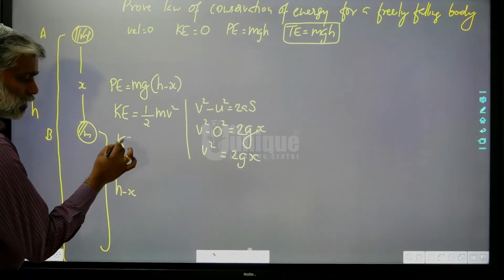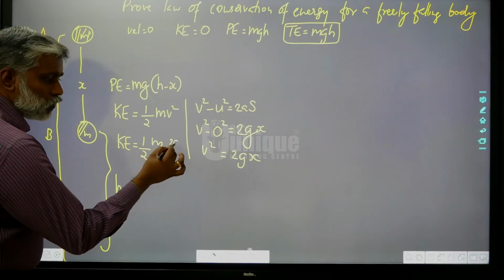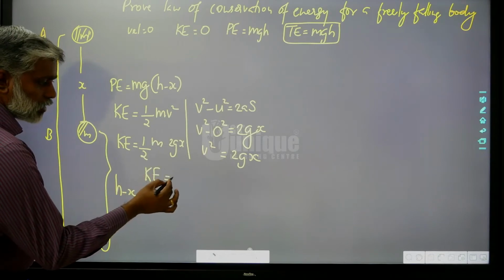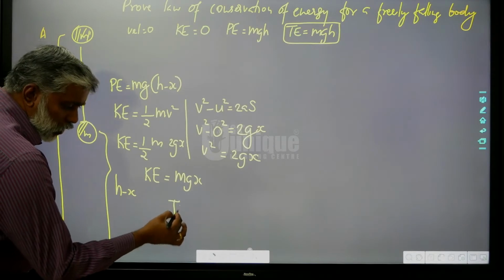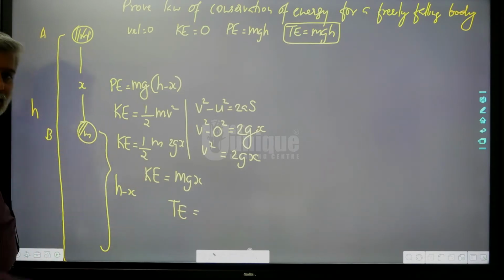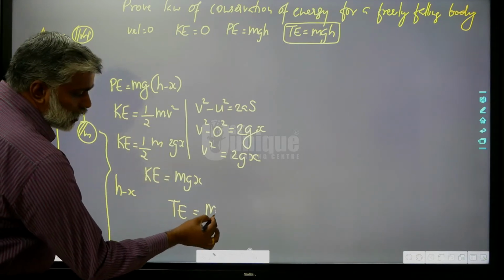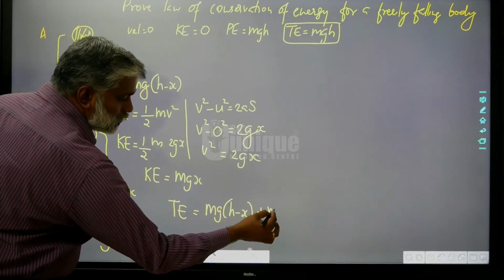So kinetic energy is equal to half m into what is v square? 2gx. 2 cancel. So kinetic energy is equal to what? mgx. Okay. Now tell me about the total energy at this position. What is the total energy? Kinetic energy plus potential energy. So potential energy mg into h minus x plus kinetic energy mgx.